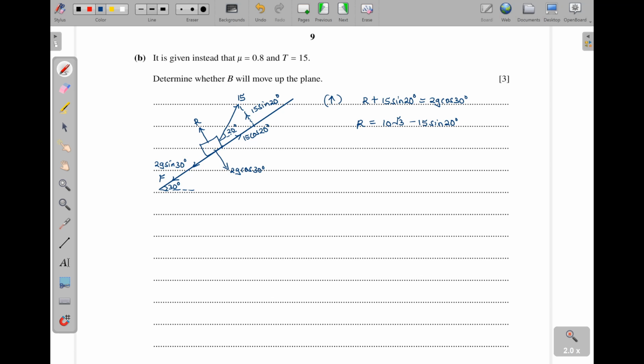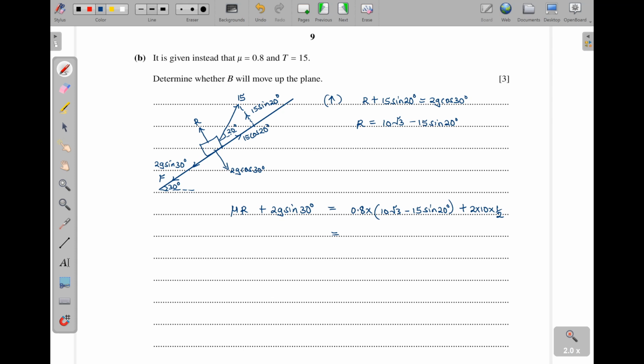Okay, then what is the value of F plus 2G sine 30? Remember F is actually mu R. Which value do we get here? So mu is given as 0.8, times R, which is 10 root 3 minus 15 sine of 20, then plus 2 times 10 times a half.